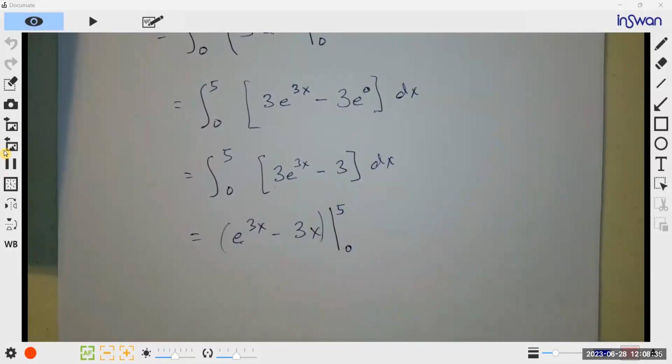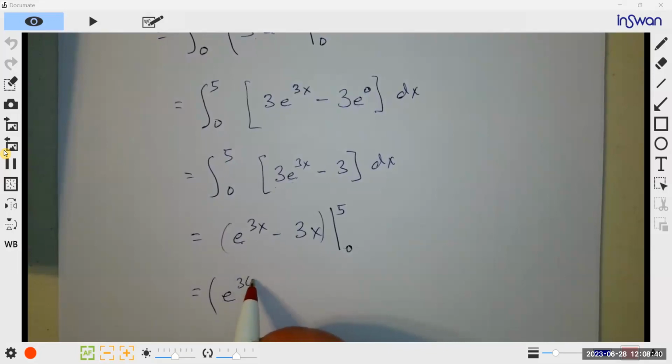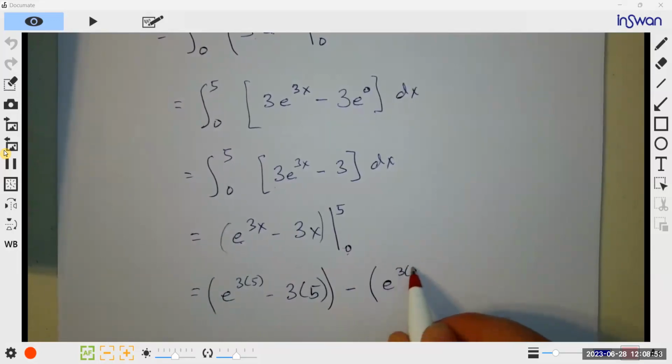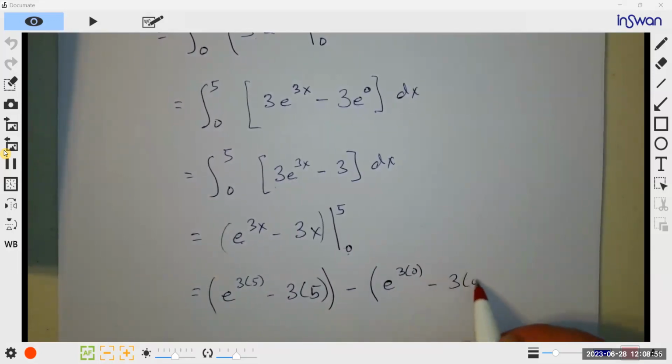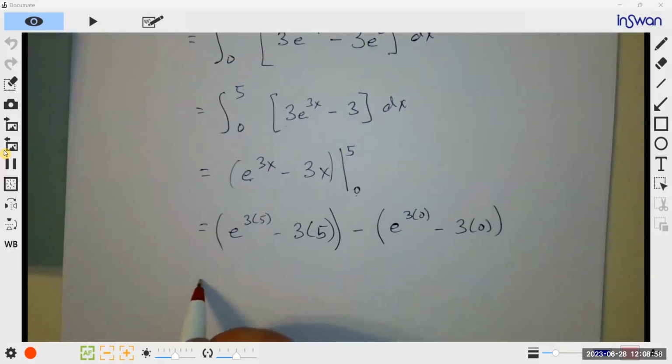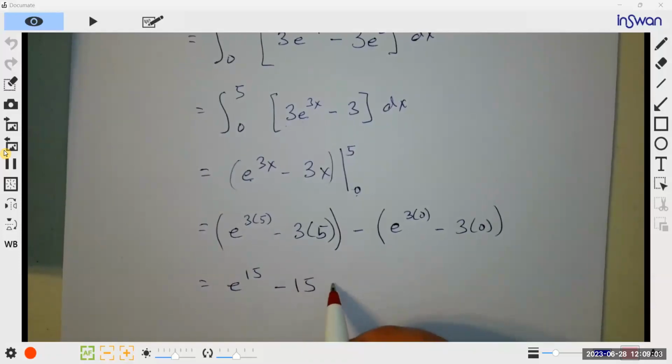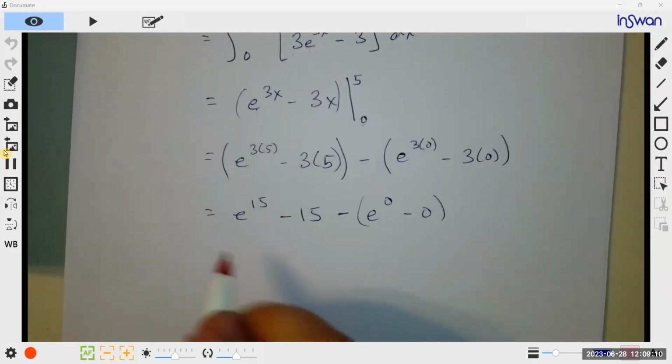From 0 to 5, we have e to the 3 times 5 minus 3 times 5, minus e to the 3 times 0 minus 3 times 0.